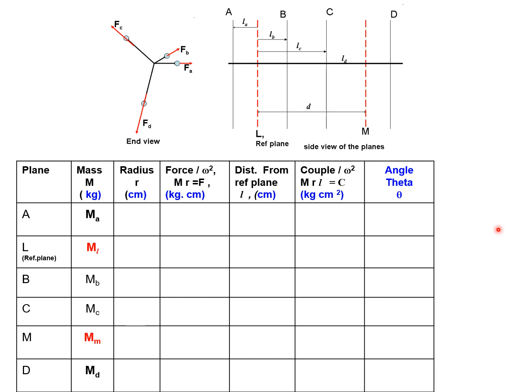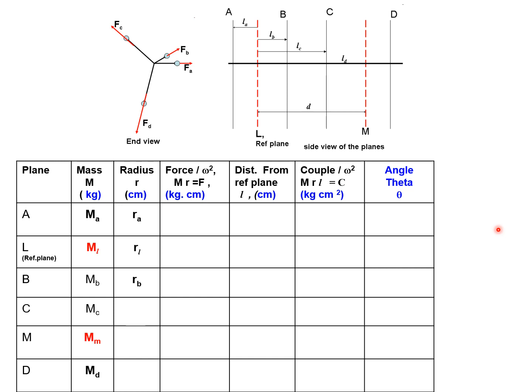In this table, in the first row, the balancing mass to be provided in the plane L is ML and the balancing mass to be provided in the plane M is MM. So that is the unknown data.